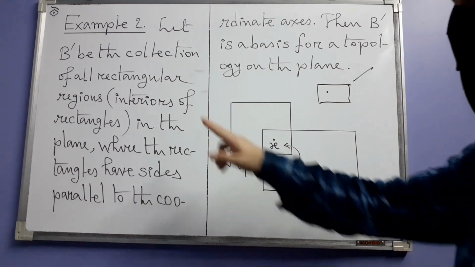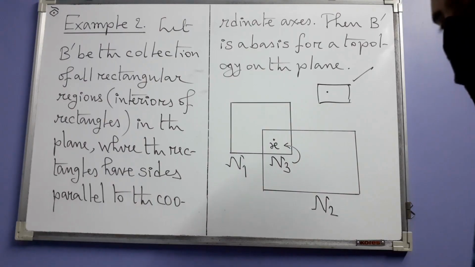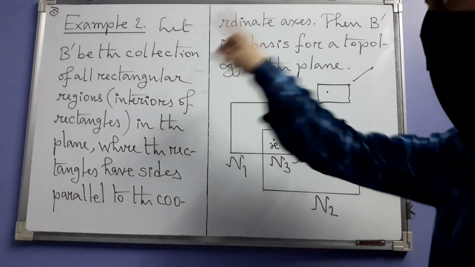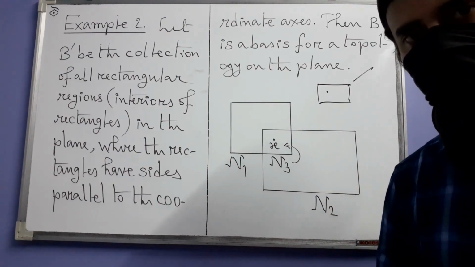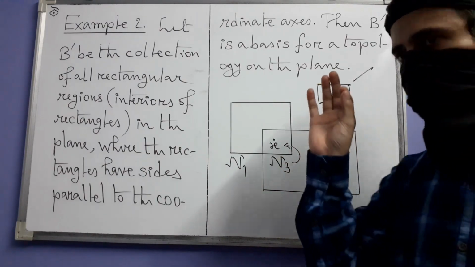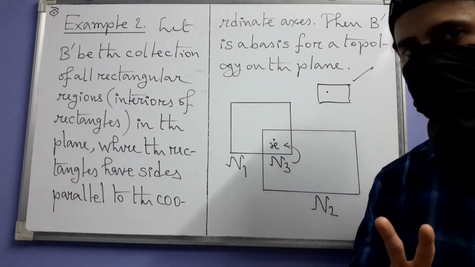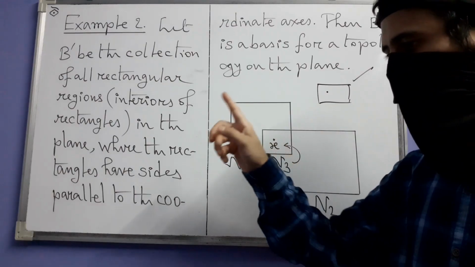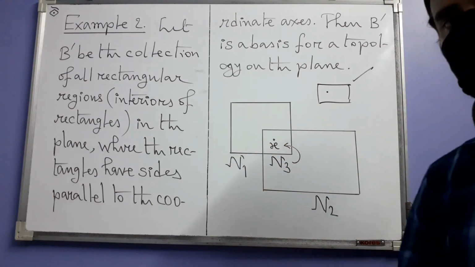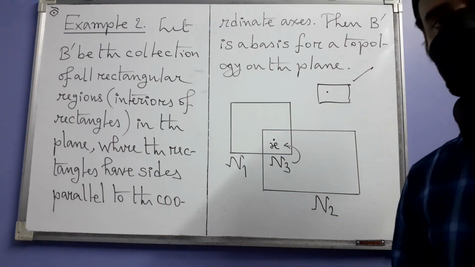So yes, this also is a legitimate basis for some topology on the plane, and we will see later that this topology and the previous topology are actually the same. So here itself you have an example of a topology which has two different bases, one consisting of circular regions, the other one consisting of rectangular regions. And let us see one more example.